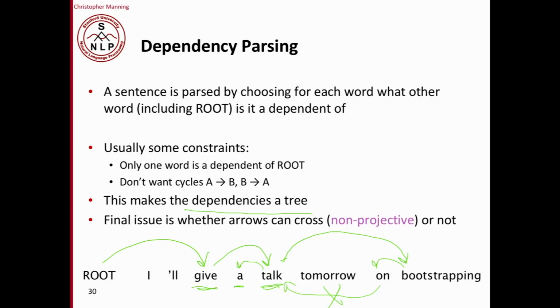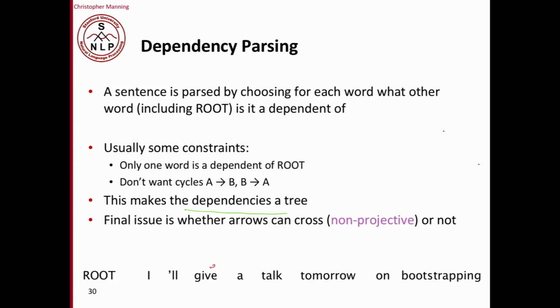And there's one final issue, which is whether we want to allow dependencies to cross or not. And this is an example of this. Most of the time, dependencies don't cross each other, but sometimes they do. I'll give a talk tomorrow on bootstrapping.